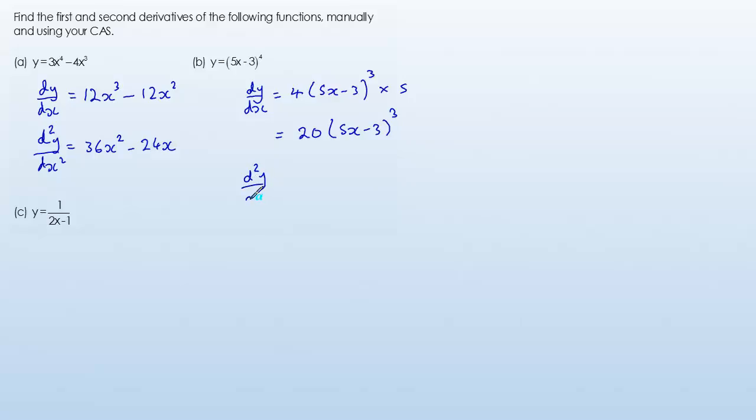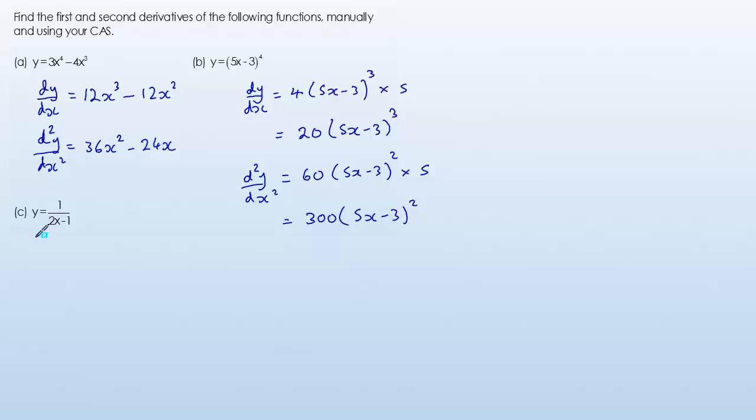Then it's also chain rule to differentiate again. So we've got 3 times 20, that's 60, (5x minus 3) squared, and then once again multiply by the differential of the inside. So that's giving me 300(5x minus 3) squared.